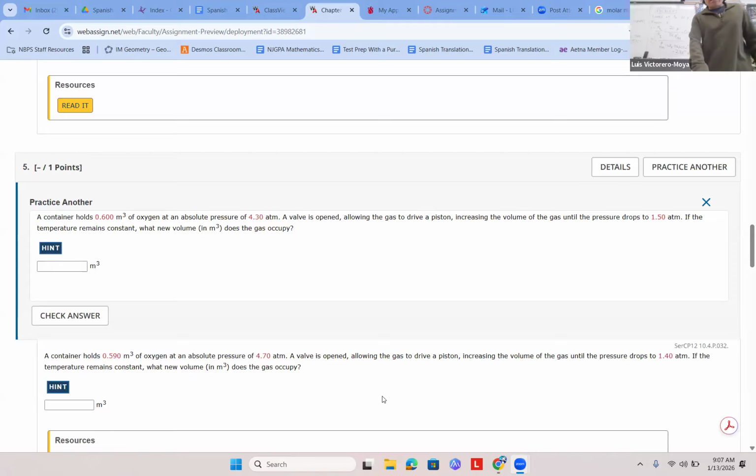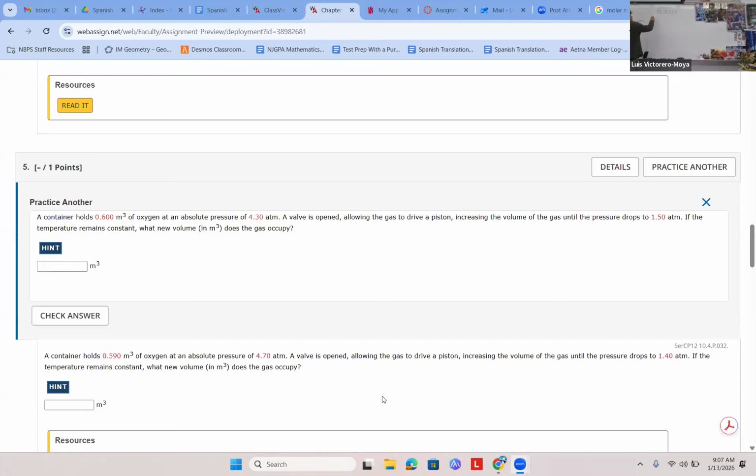So that's Boyle's law. Boyle's law basically states that at constant temperature, the pressure times volume of a gas is constant. And that's because, and we're going to discuss that in thermodynamics, that's an isothermal process.